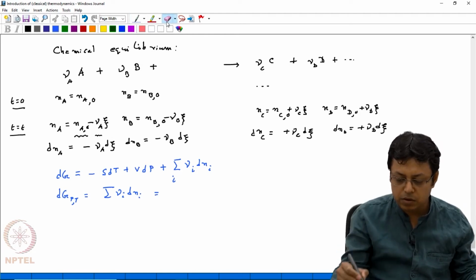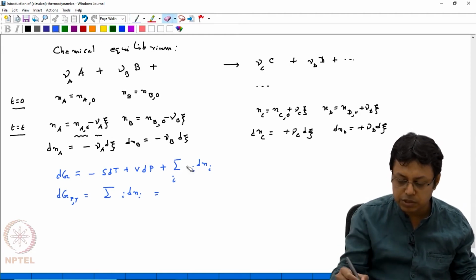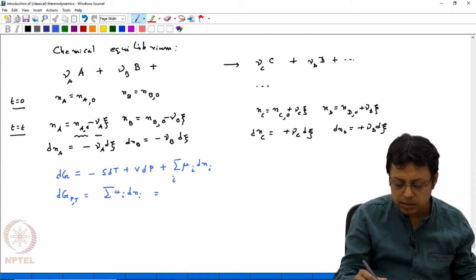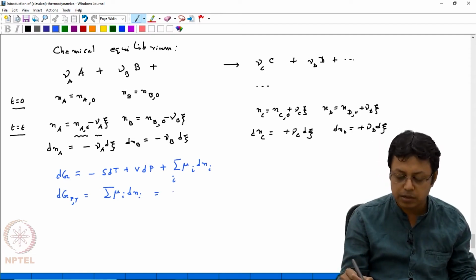So instead of nu notation here, we can write mu, the chemical potential, because that is what the textbooks usually write. It's for chemical potential, and the nu's we are preserving for the stoichiometry.